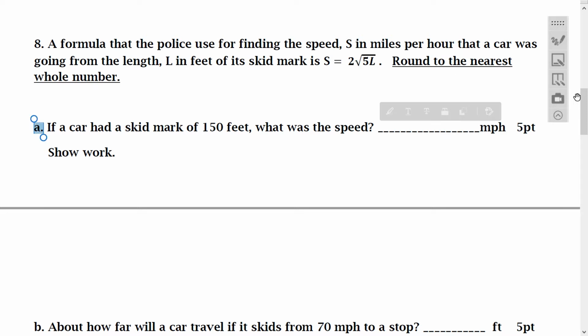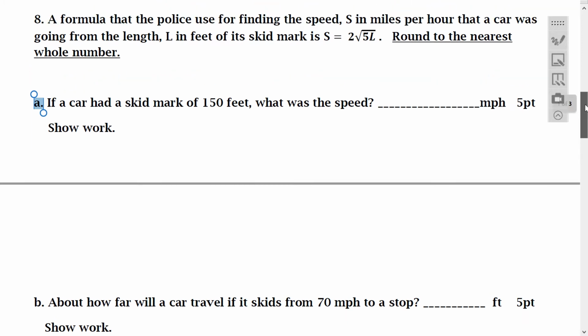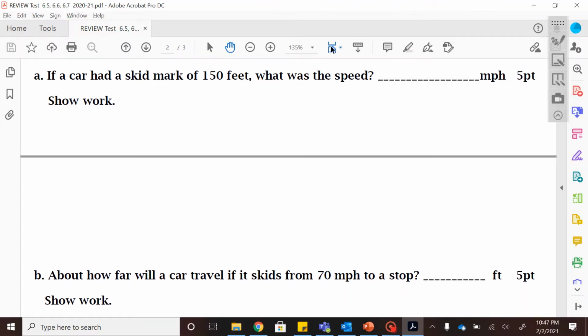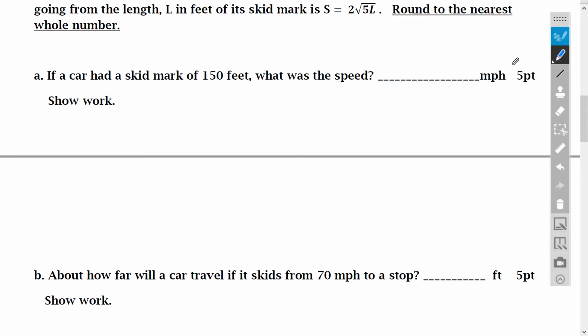Now there's two things we're going to want to do with this. We're going to want to use this to figure out the length and then also use this to figure out the speed. So one of them is just plugging in and one of them is solving. Letter A says if a car had a skid mark of 150 feet, so that's the length, what was the speed? Okay, so in this case we're looking for S, the speed.